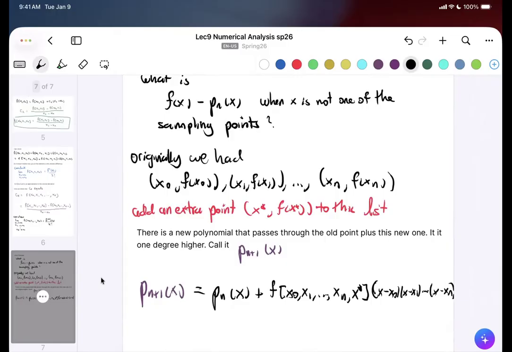In the degree n polynomial, you end up at x minus x_{n-1}, because this has one higher degree, that's why you end up at x_n. Okay.